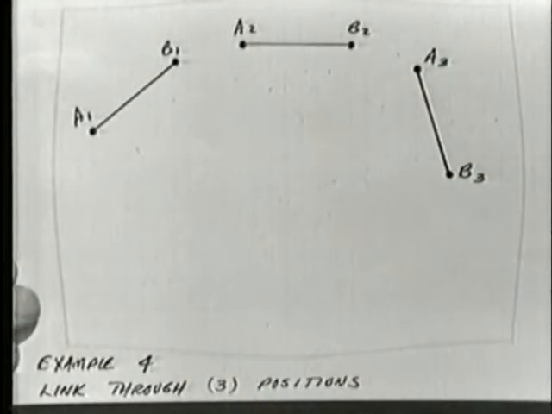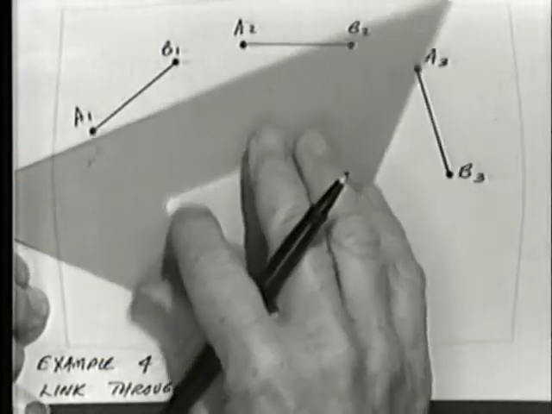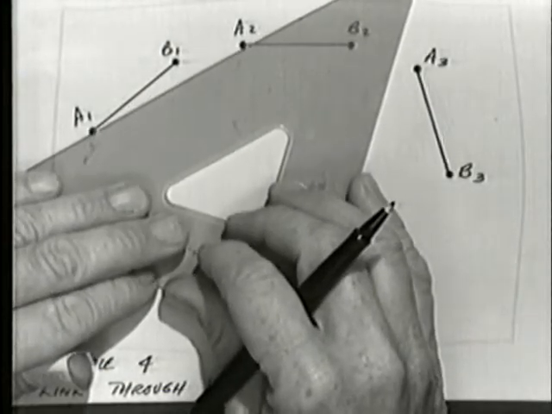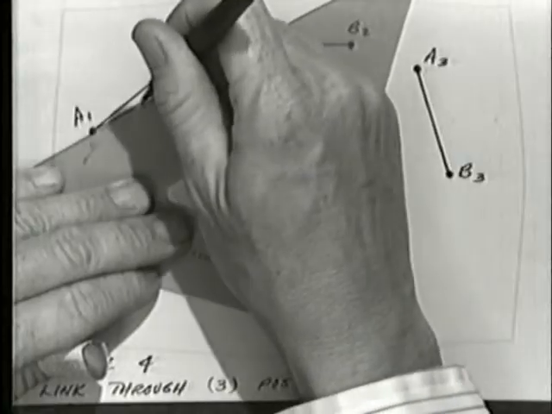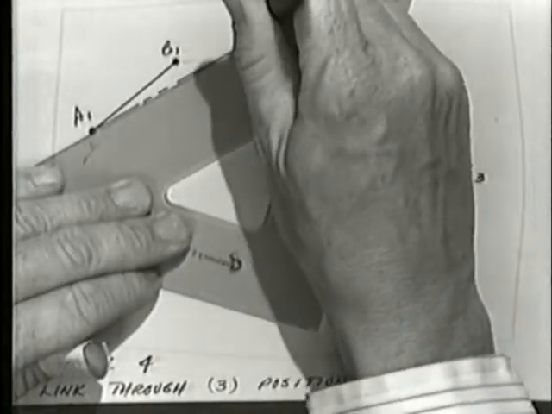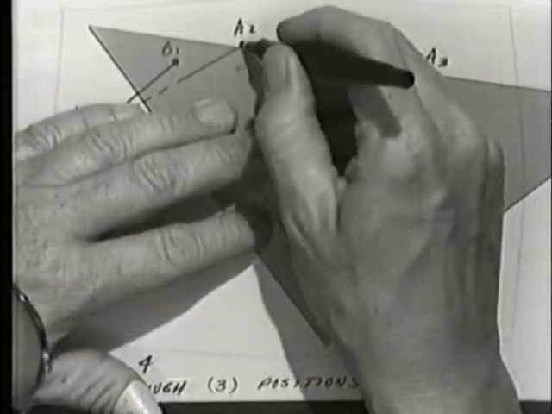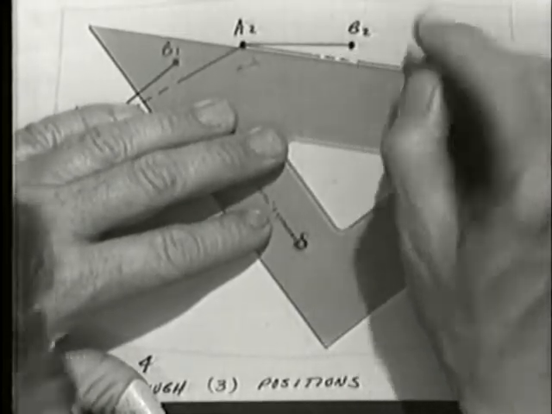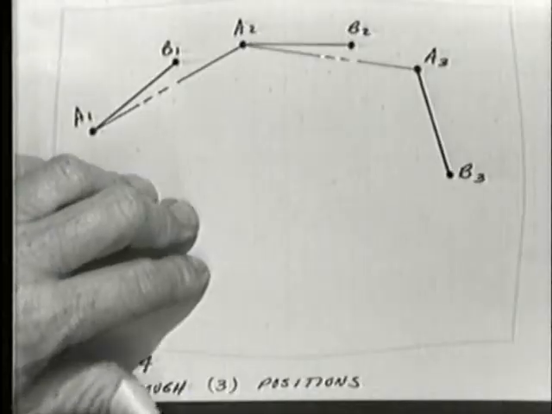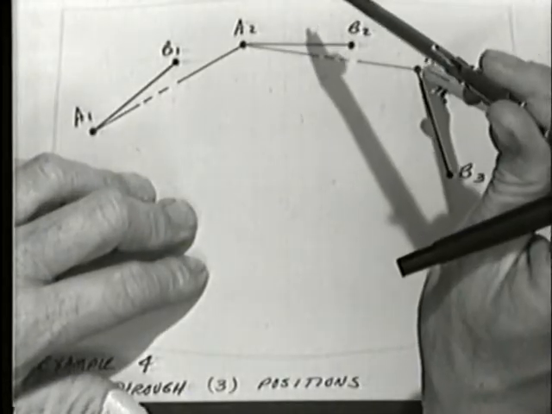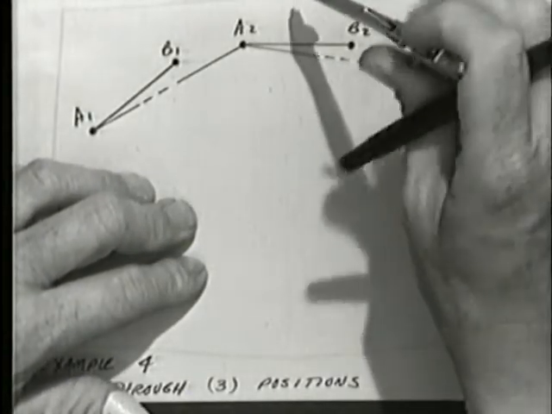To do this, we simply extend the same technique that we just used for the 2-position synthesis, namely connect the dots A1 to A2, but we have another one to connect also, in this case A2 to A3. Now I'm going to find the perpendicular bisectors of each of those lines.